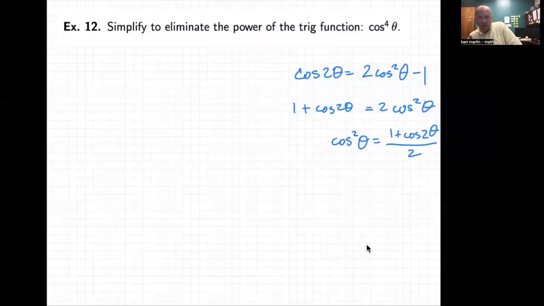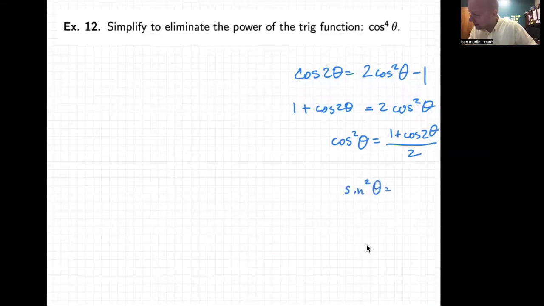So you can likewise do the same thing and find out that sine squared theta is 1 minus cosine 2 theta, over 2. These are actually how you figure out the half-angle identities, all right?